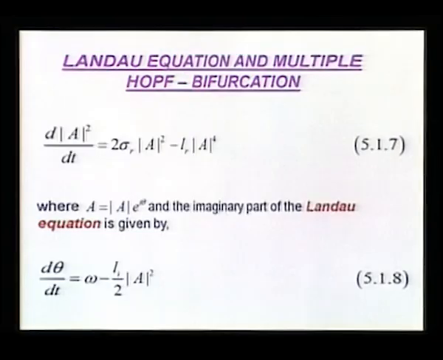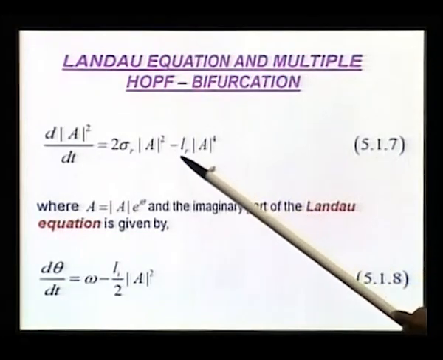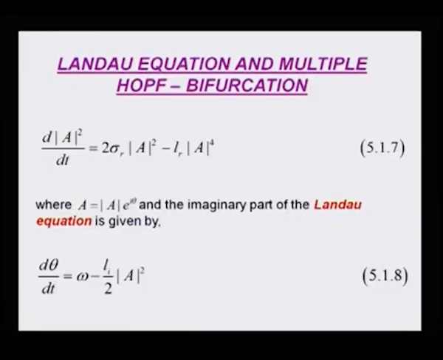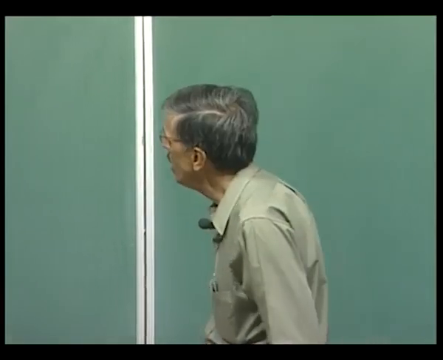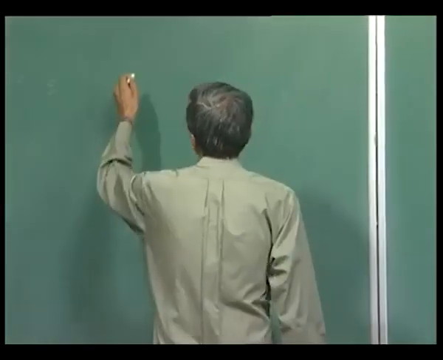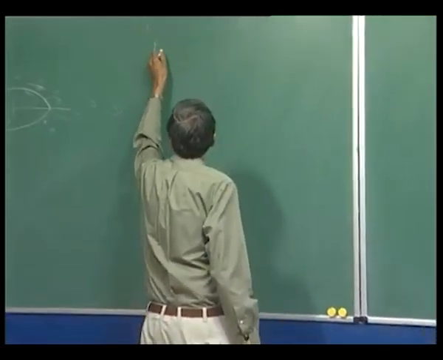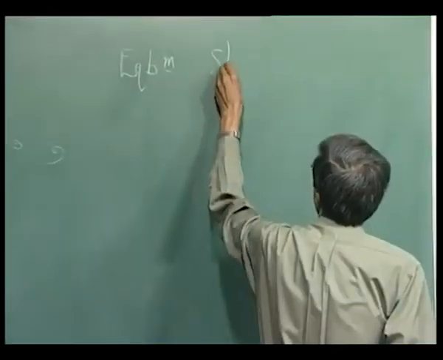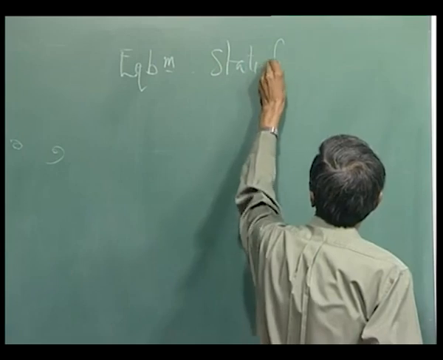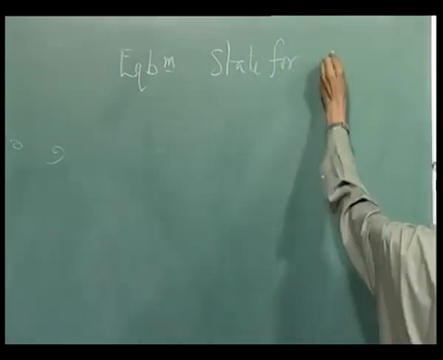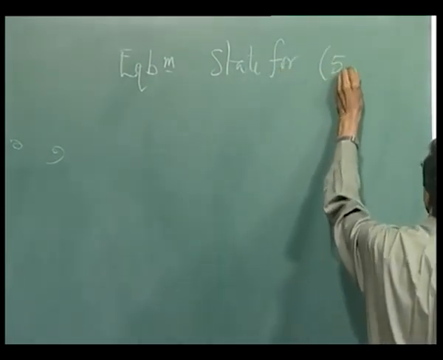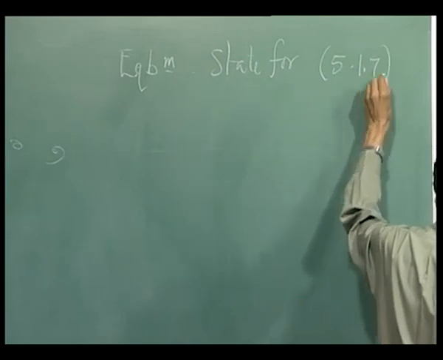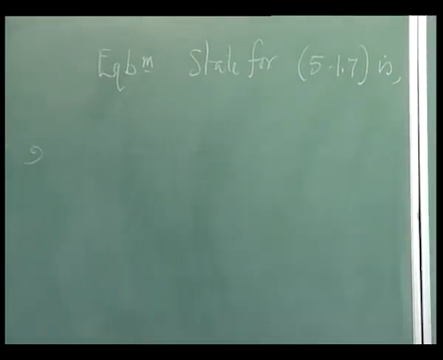Now, if I look at the amplitude evolution equation, what I can do is study an equilibrium state. So, equilibrium state of 5.17 is what?